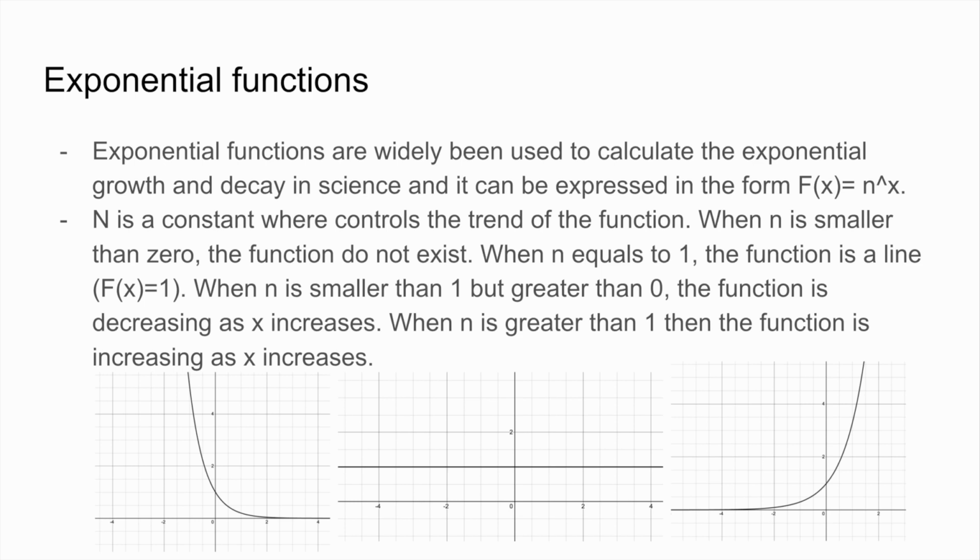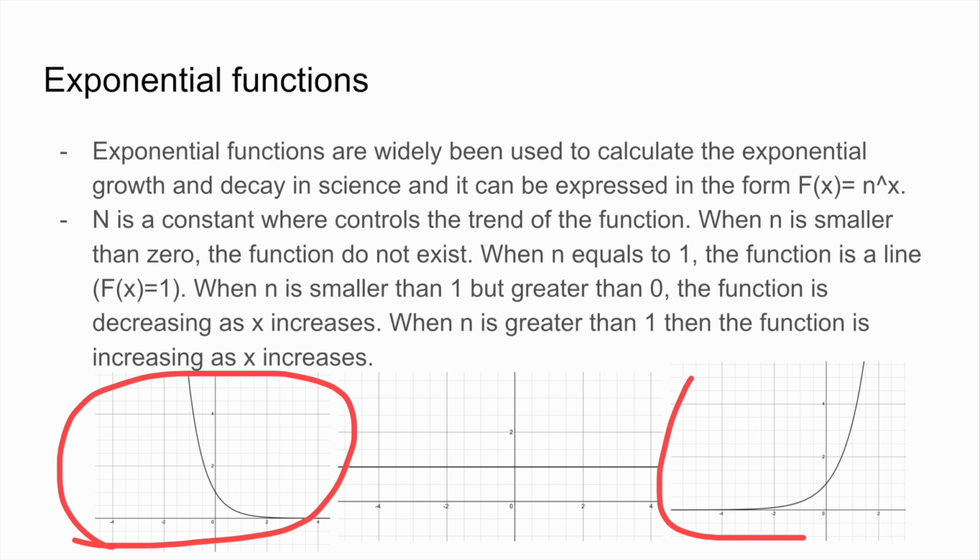When n is smaller than 1 but greater than 0, the function is decreasing as x increases, as shown in the first graph here. And when n is greater than 1, the function is increasing as x increases, as shown here.